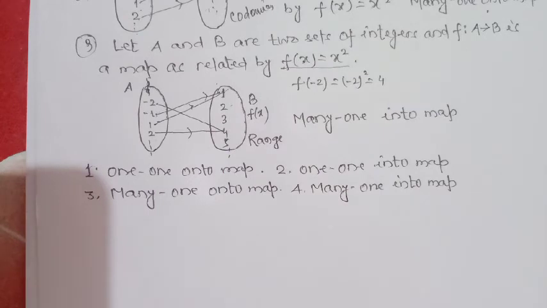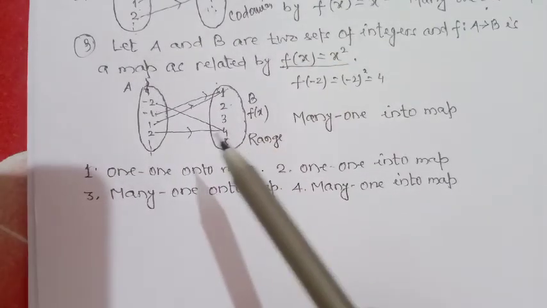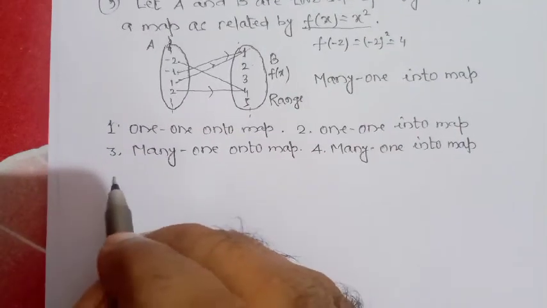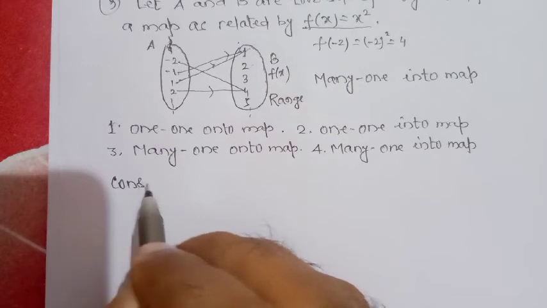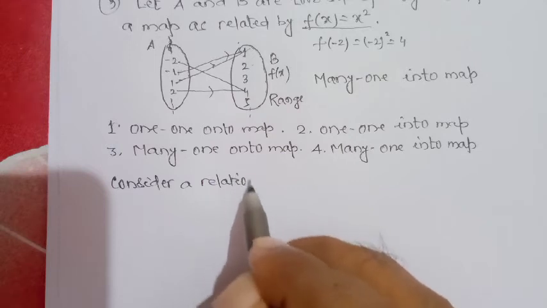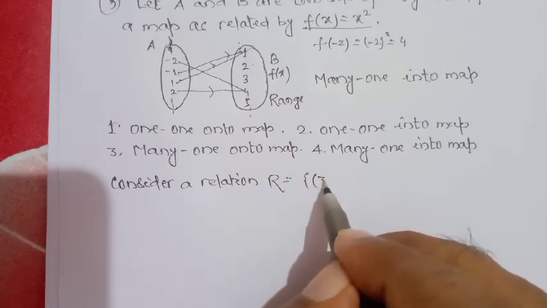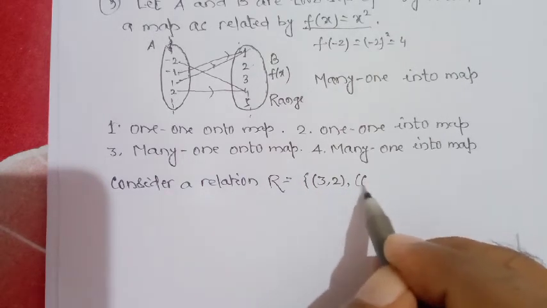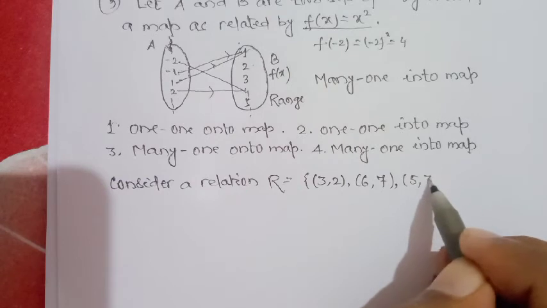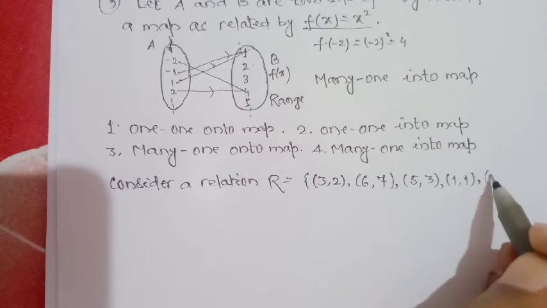Now see how we differ relation and function. Consider a relation R is equals to (3, 2), (6, 7), (5, 3), (1, 1), (3, 7).